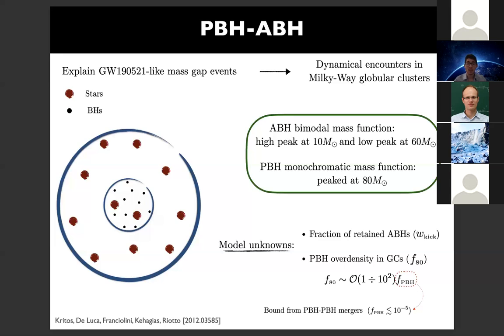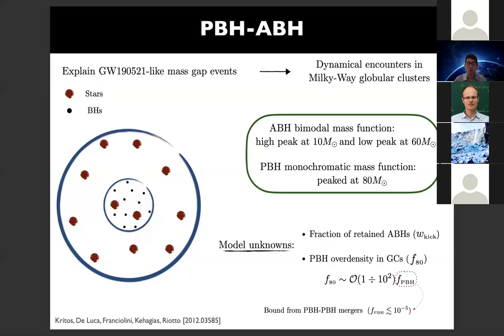Now, of course, there are several unknowns in this kind of scenario. For example, one of them is the fraction of retained astrophysical black holes in the cluster, since at formation those black holes may receive natal kicks from the previous supernova, which may lead to their ejection from the cluster.